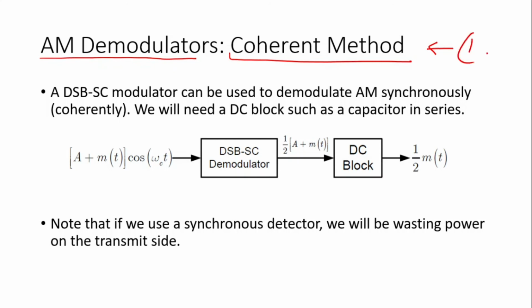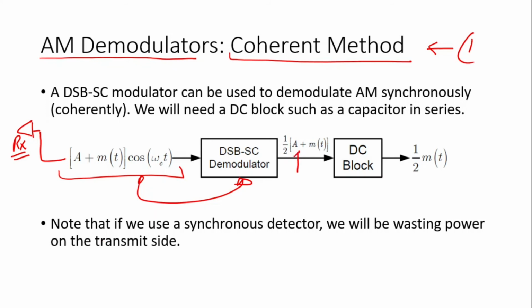In coherent demodulation, we need local oscillator both at the transmitter side as well as at the receiver side. So if we are having an antenna which is basically receiving antenna, a signal was sent and we receive it, and this is the signal that we receive. So we pass it through a DSB-SC demodulator. The outcome of DSB-SC demodulator is basically 1/2 (A plus m(t)).